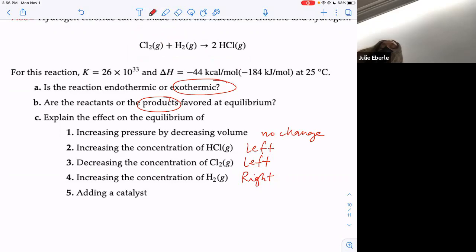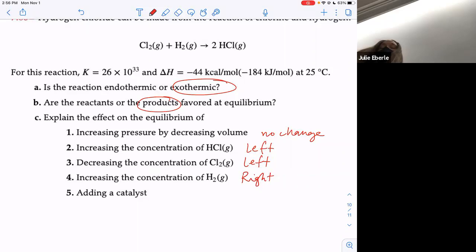Okay, last one, adding a catalyst. Why would you say right? But are we adding or taking anything away from our reaction itself? No. So all that's going to happen is that we will reach equilibrium faster.